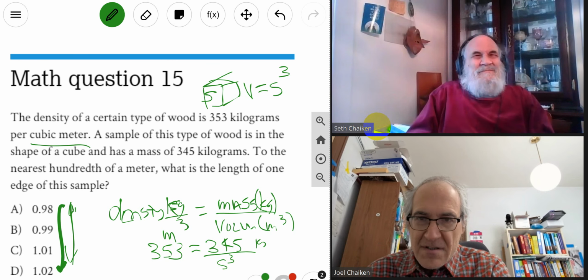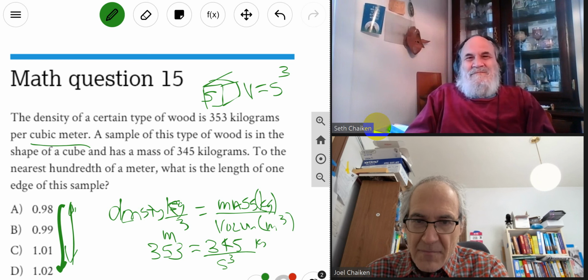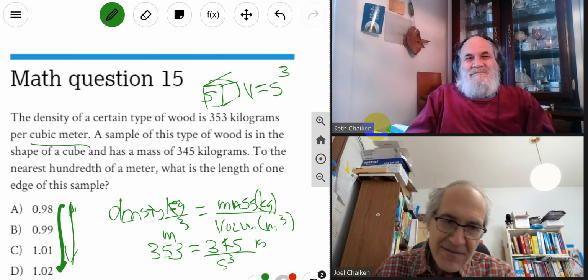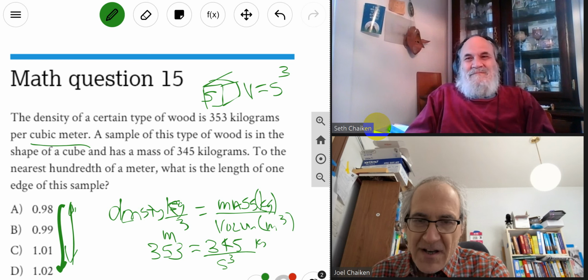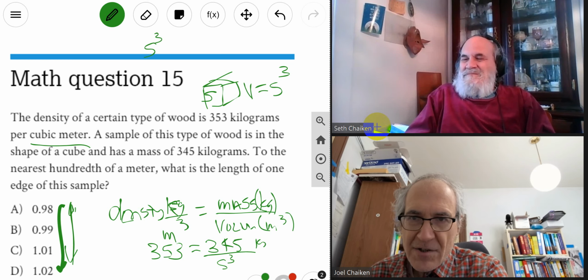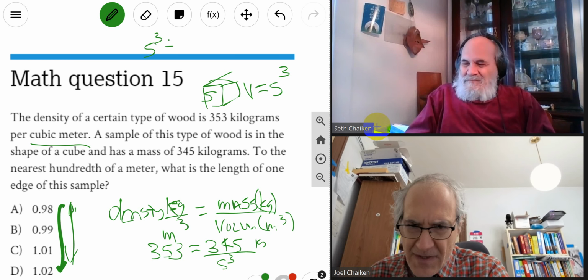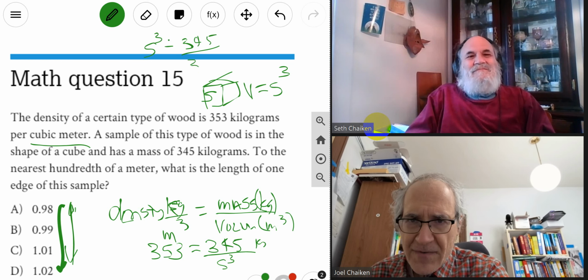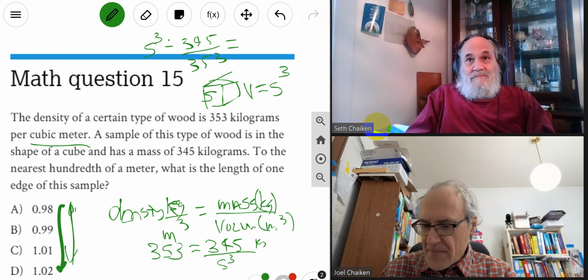We could cross multiply, divide both sides, different ways you could do this, but doesn't it seem like S cubed is equal to 345 divided by 353? Isn't that right? 345 divided by 353. Yes.